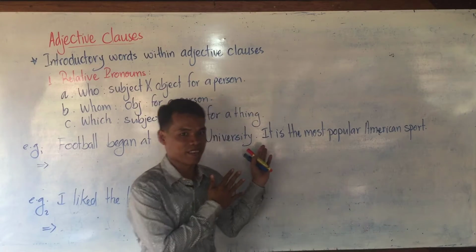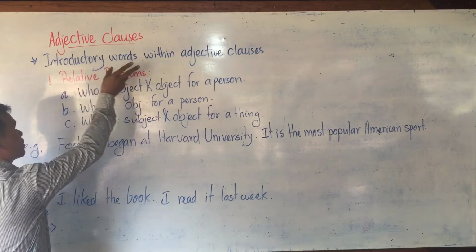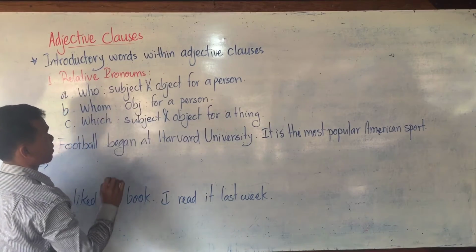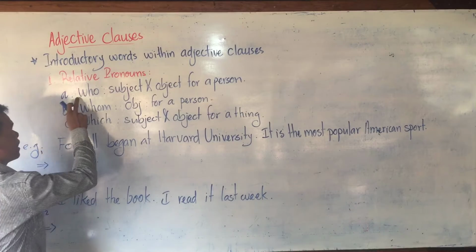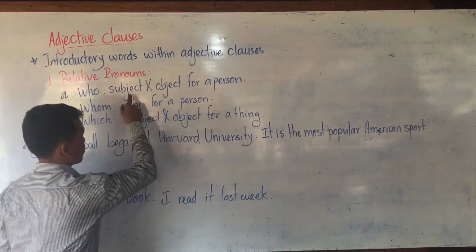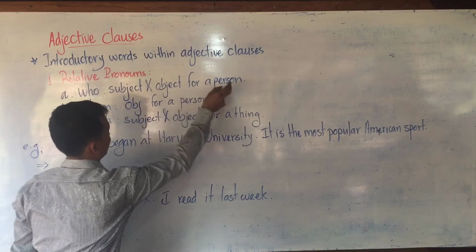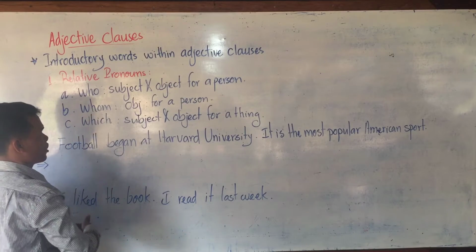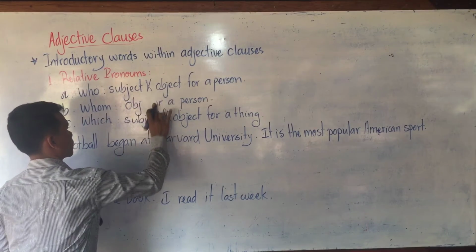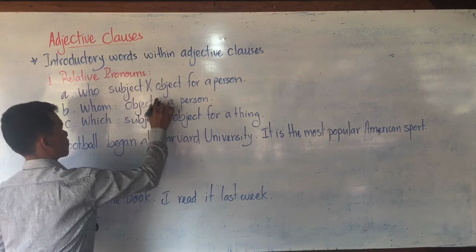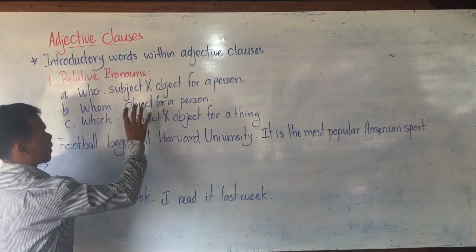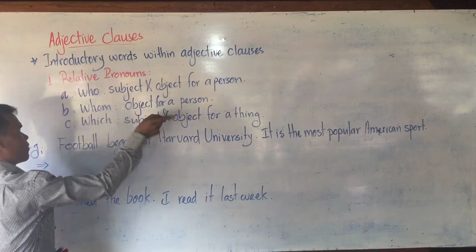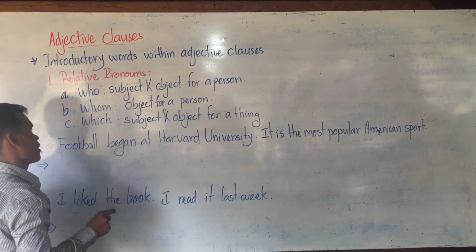Look at the words with me. Another name for adjective clauses is relative clauses. Within adjective clauses we have relative pronouns. You already learned who, which functions as subject and object and is used for a person. Whom's function is only object, and it is used for a person. Between who and whom, when who is the object, it is informal, but whom is more formal.